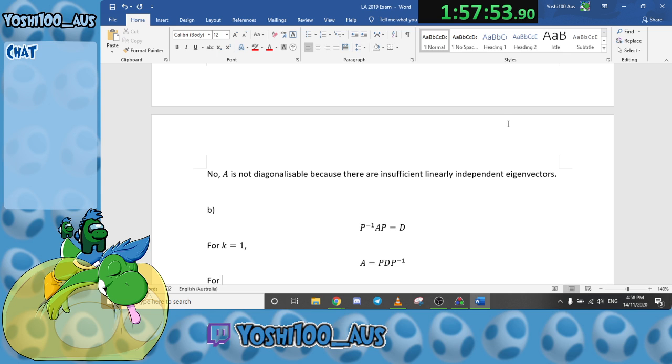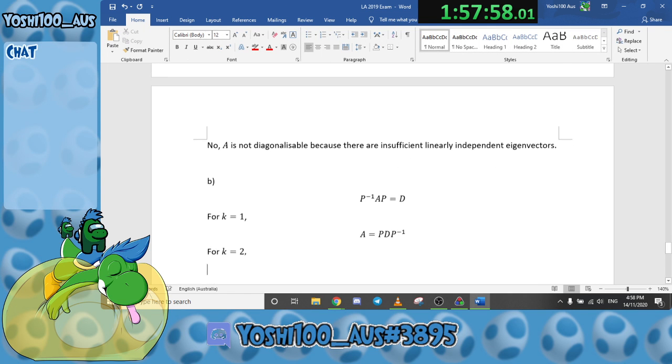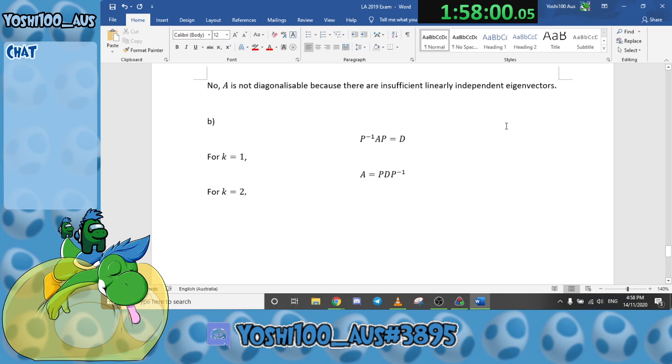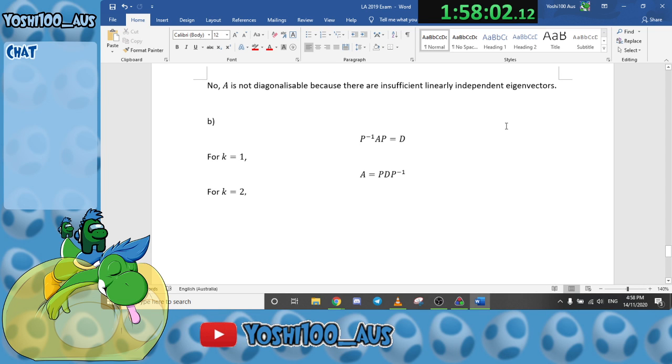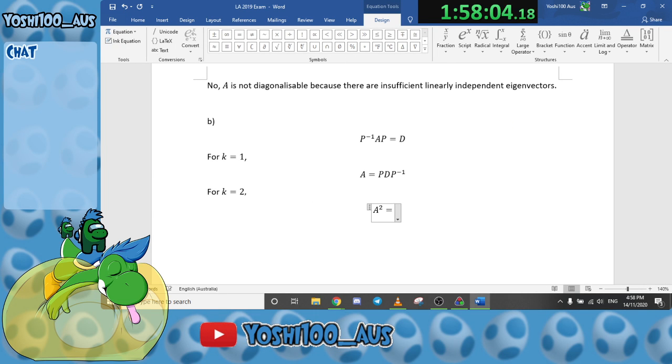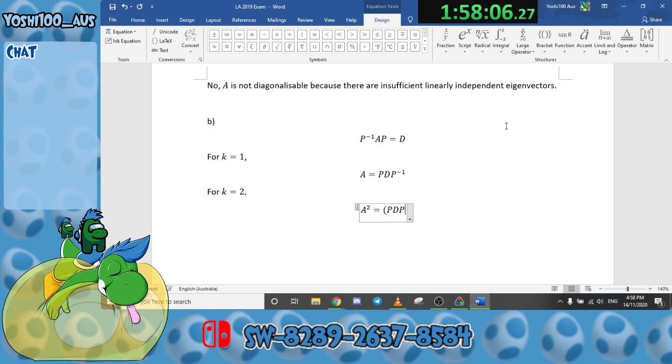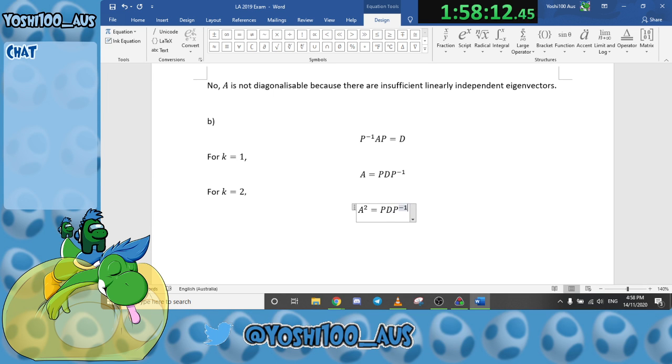For k equals 2, A squared equals P, D, P inverse times P, D, P inverse. Oh, yes! Okay, gotcha. Got it. I know how this works now.